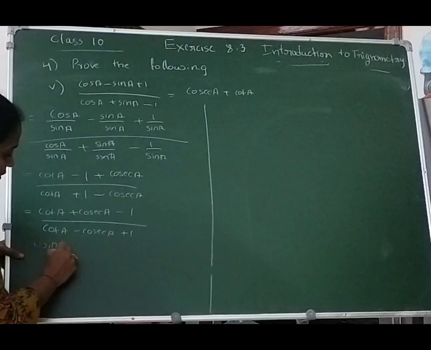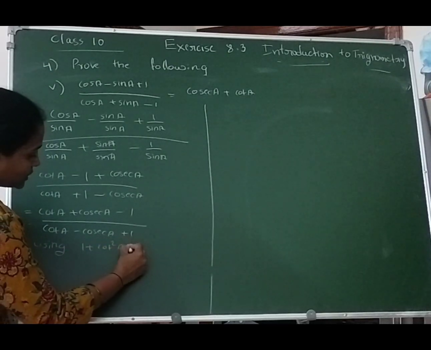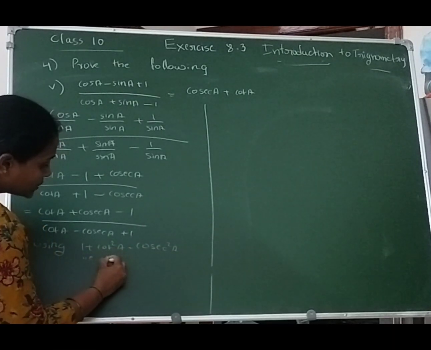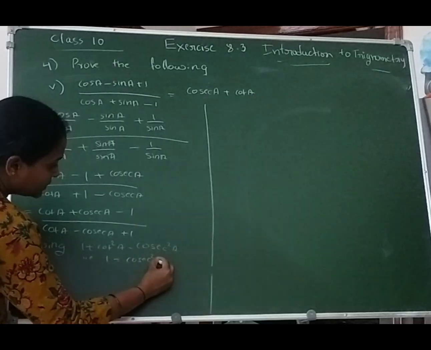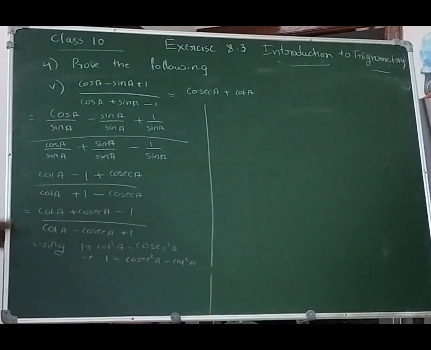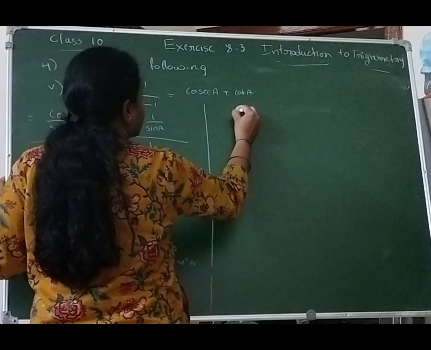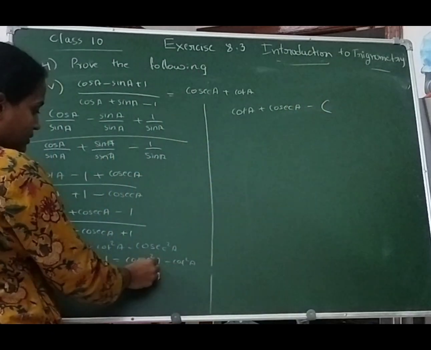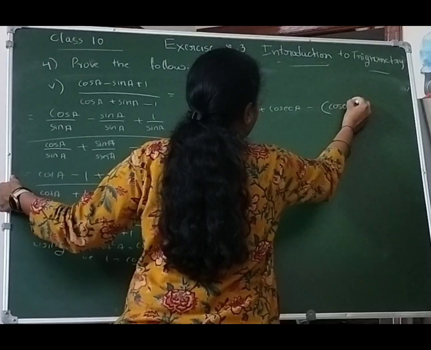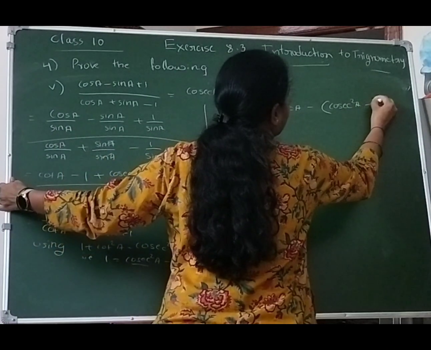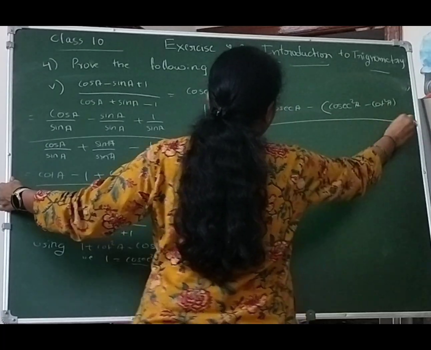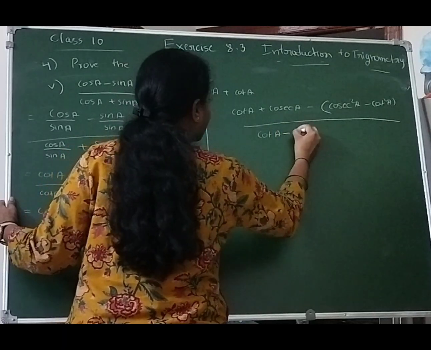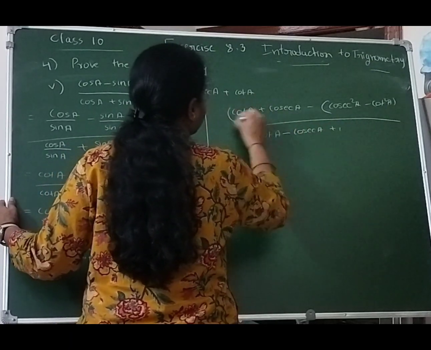So cot A + cosec A − 1 divided by cot A − cosec A + 1. So we know the relation between cot and cosec, that is 1 + cot² A is equal to cosec² A. So 1 we can rewrite as cosec² A − cot² A. So the numerator will reduce to cot A + cosec A − (cosec² A − cot² A). The denominator we'll write as it is, cot A − cosec A + 1.